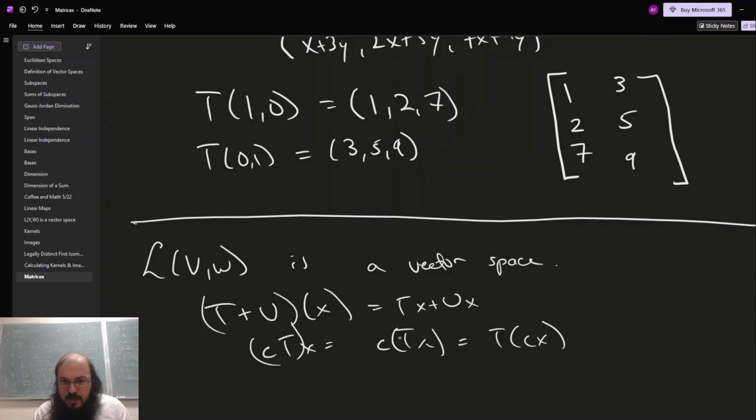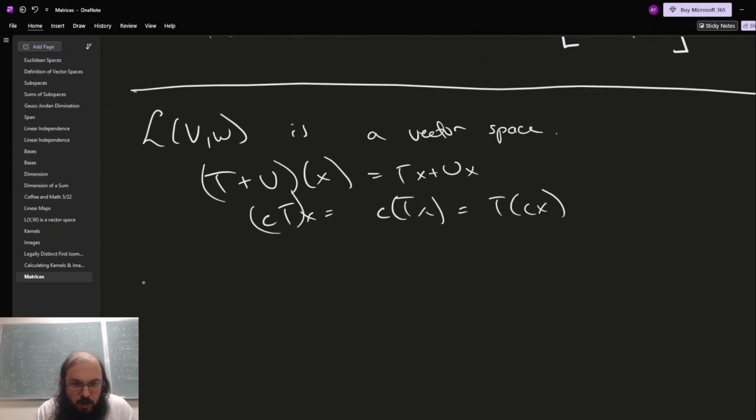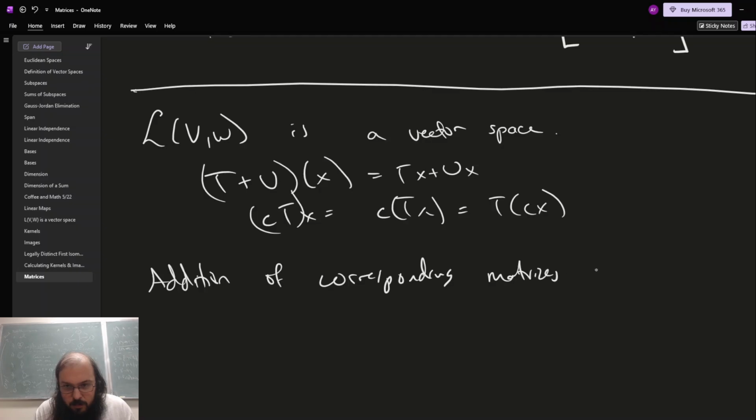We can add and scalar multiply matrices in a very simple way. Addition of matrices is merely component-wise.